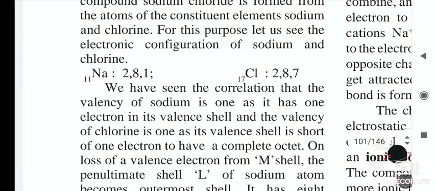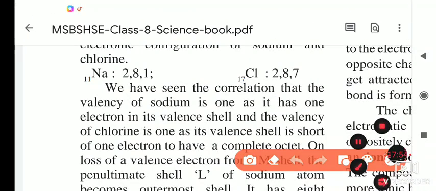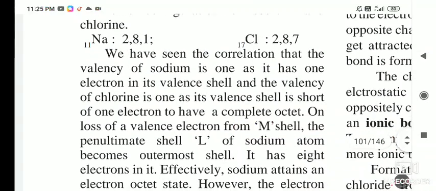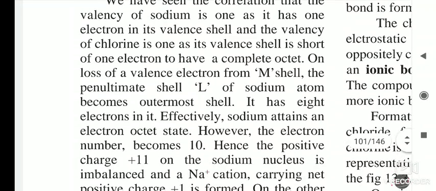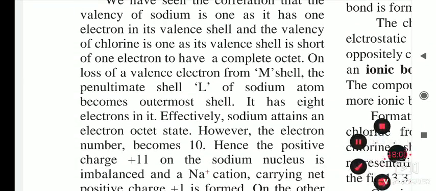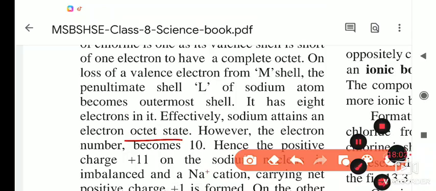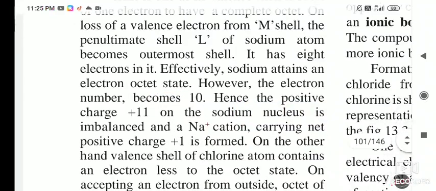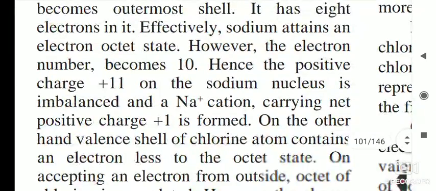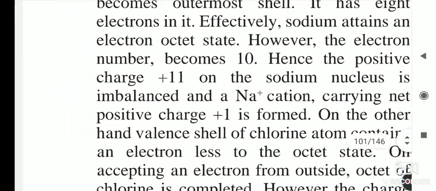In the L orbit, how many electrons are there? 8 electrons, and then it becomes stable. Now sodium attains an electron octet state. However, the electron number becomes 10, hence the positive charge of plus 11 on the sodium nucleus is imbalanced, and an Na plus cation carrying a positive 1 charge is formed.